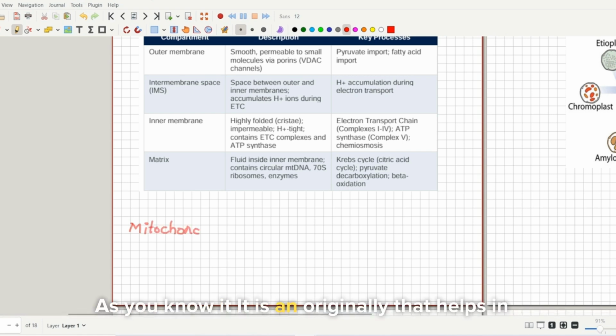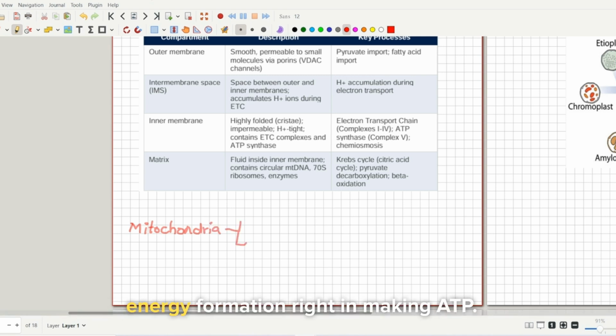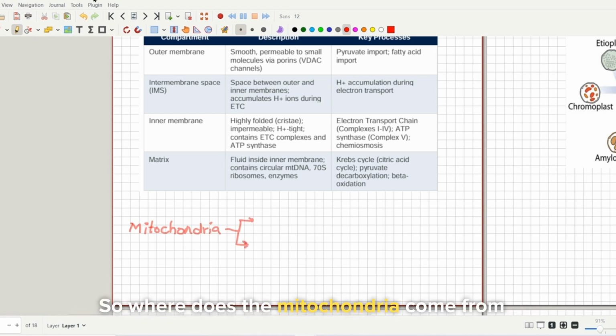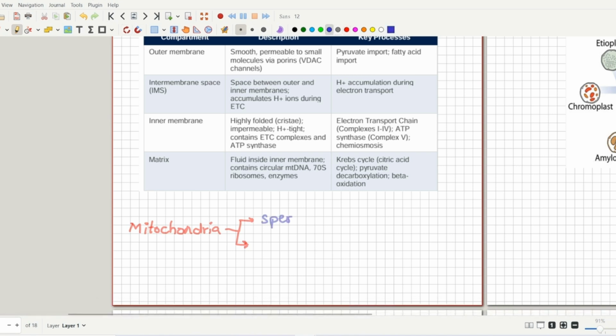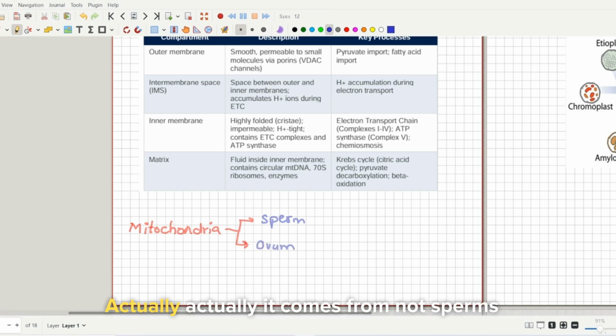As you know, it is an organelle that helps in energy formation, in making ATP. So where does the mitochondria come from? Does it come from the sperm cells, or from the ovum or egg cells? Actually it does not come from sperms, it comes from the ovum. So mitochondria comes from the mother.